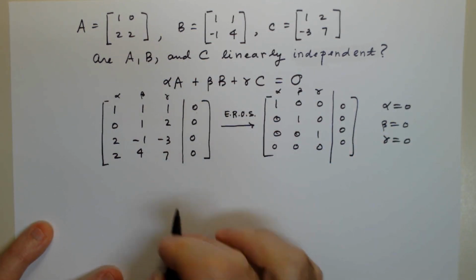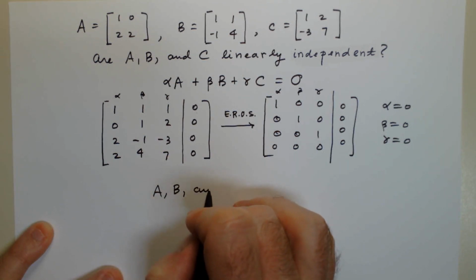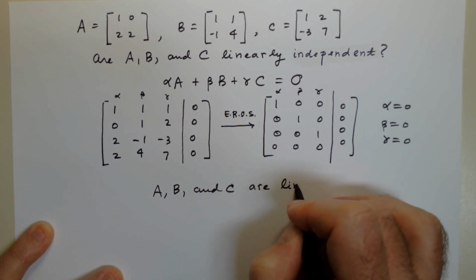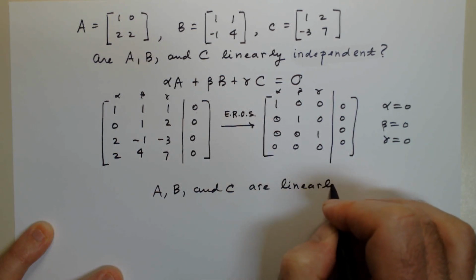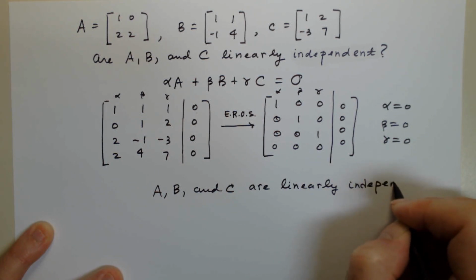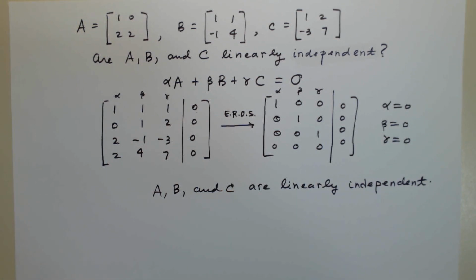And that means that A, B, and C are linearly independent. Okay, so the only solution is the trivial solution. That is the meaning of linear independence.